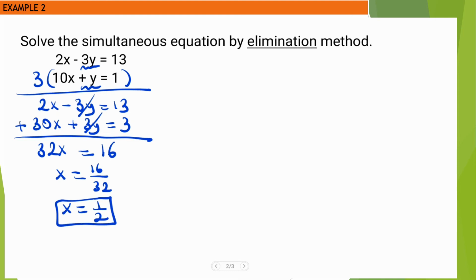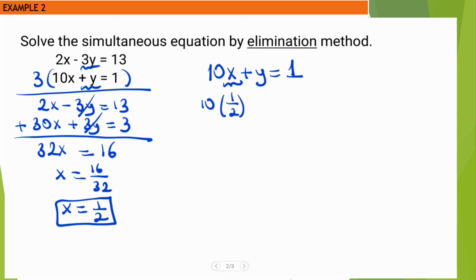Next thing to do is to find the y value. Choose one of the equations originally given. I choose the second equation, 10x plus y equals 1. Put instead of x the value you found. It was 1 over 2.